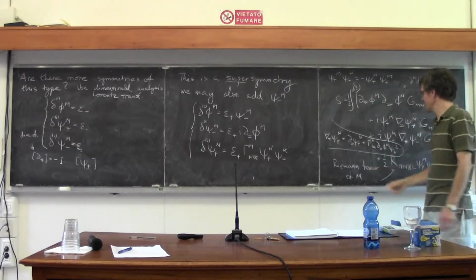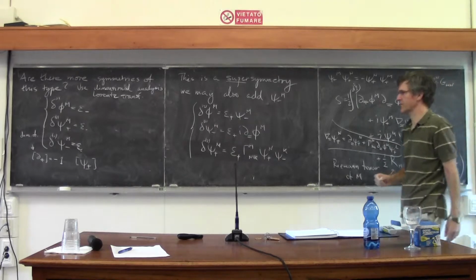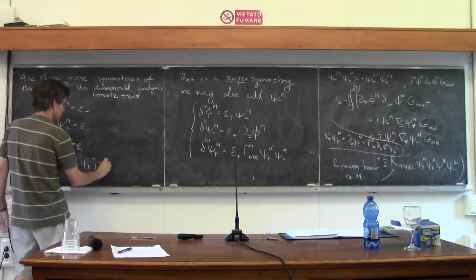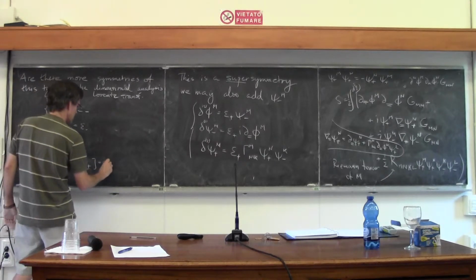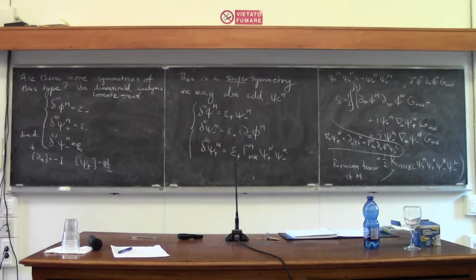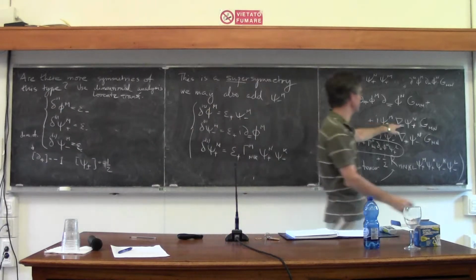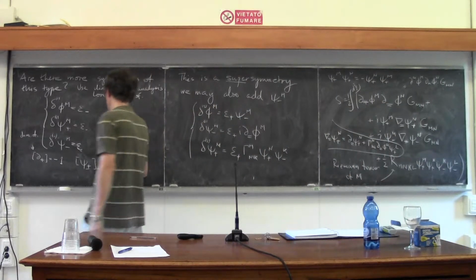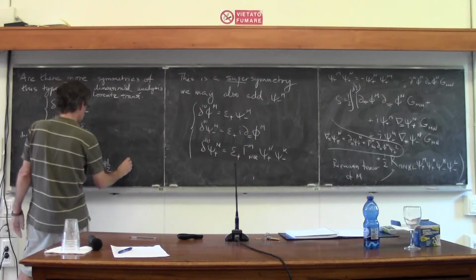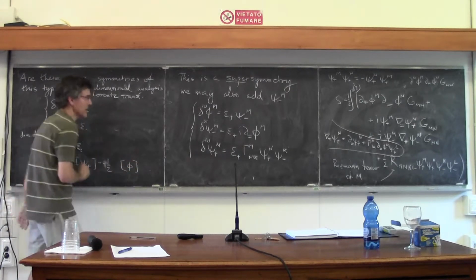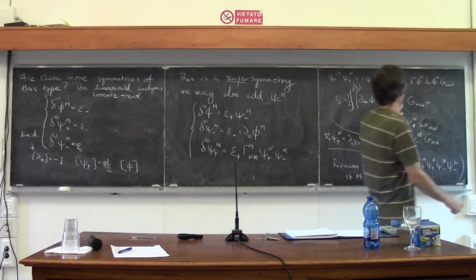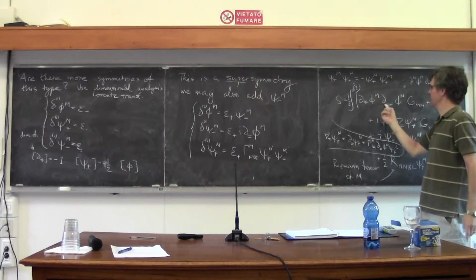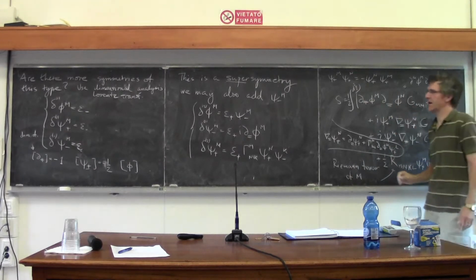The action has to be dimensionless, so 2 fermions have to have dimension -1, and 1 fermion has dimension -1/2. The dimension of a scalar you can figure out from this term. Again, this has dimension 2, this has dimension -2, there are 2 derivatives, so scalars have dimension 0.